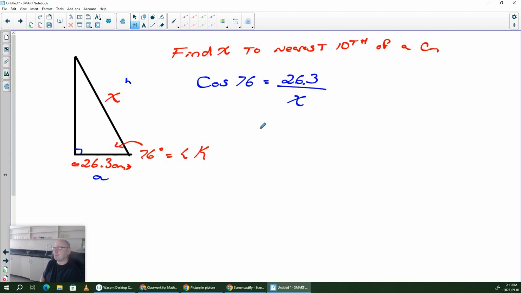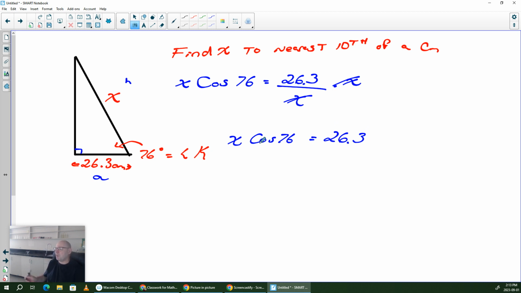Okay, so the x is on the bottom of a fraction, so we've got to get it off that bottom of a fraction before we can actually solve here. So we're going to multiply that out on both sides. So that's going to be x times the cosine of 76 on the left side, equaling 6.3 on the right side once we cancel that x out.